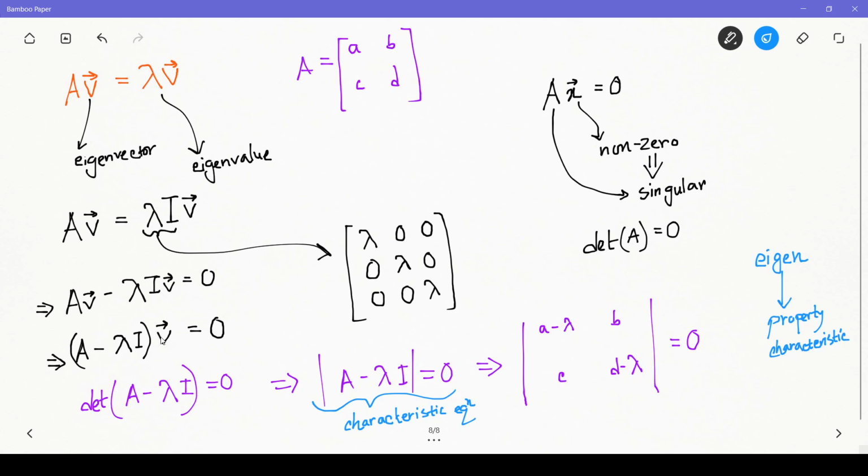They only get stretched or squished by a particular scalar factor, and this scalar factor is called the respective eigenvalue of that eigenvector. I hope the concept is very clear now.